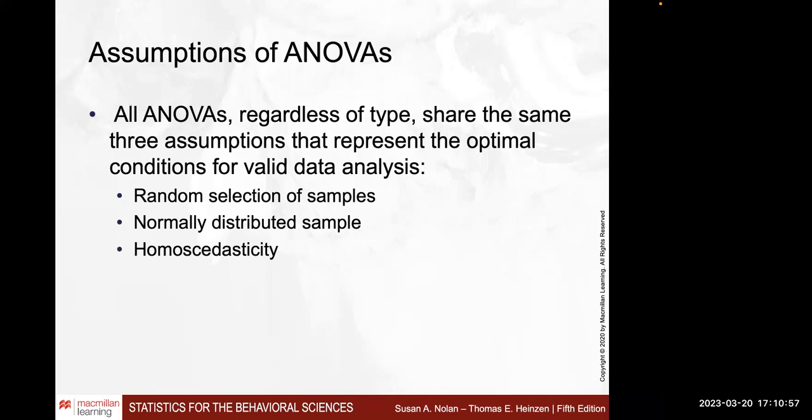Scedasticity is basically a comparison of the variability. If the variance of your groups is somewhat equal, then you would speak of homoscedastic variance estimates for each group.